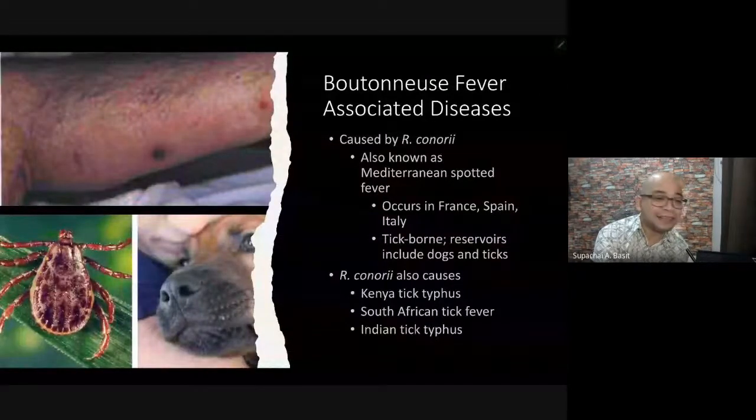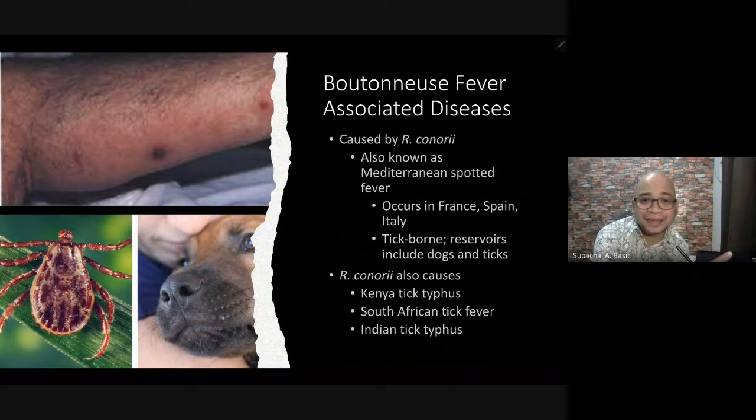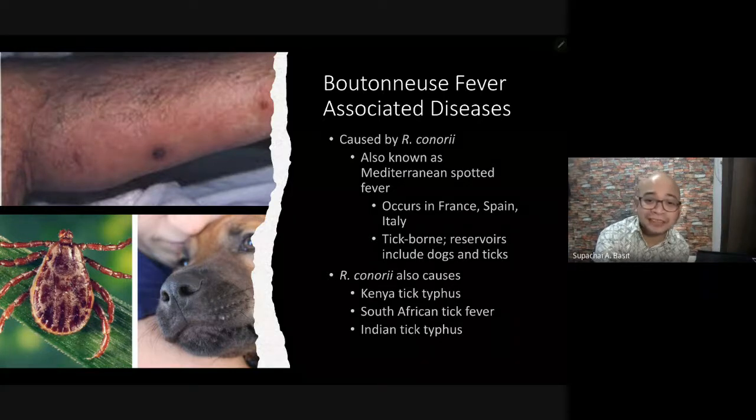And then we also have the Boutonneuse fever associated disease. And these are caused by Rickettsia conorii. So the term itself is actually French in origin, and that's the reason why it is known as the Mediterranean spotted fever, which occurs in France, Spain, and Italy.